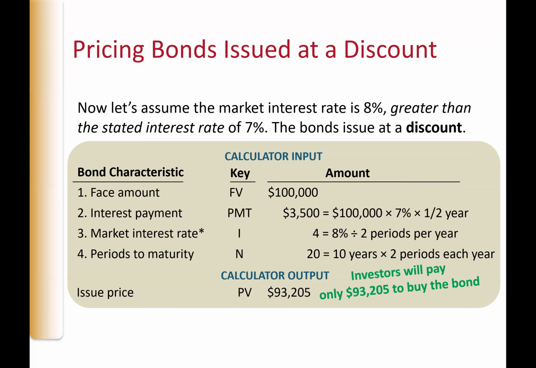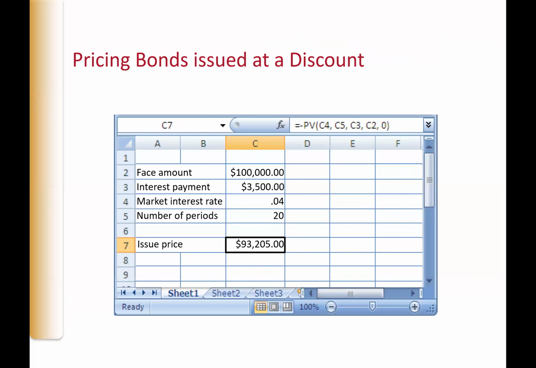And as a result, the way it's made up is by paying for this bond lower than the face amount. To help make up that extra 1% of interest, the issue price is going to be under the face amount.